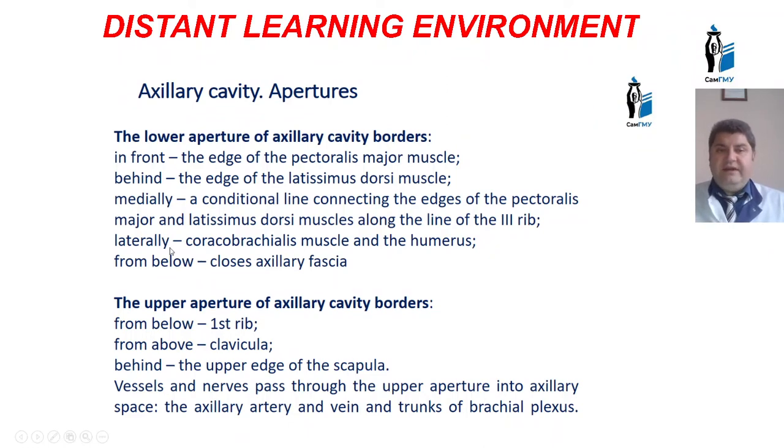And laterally, you may see that the border is the brachial muscle with the humerus bone. From below, the axillary fascia closes it. So, for seeing this part of the region, we must delete in the corpse the axillary fascia, as I told you, with fatty tissue, with vessels and nerves and lymphatic nodes.